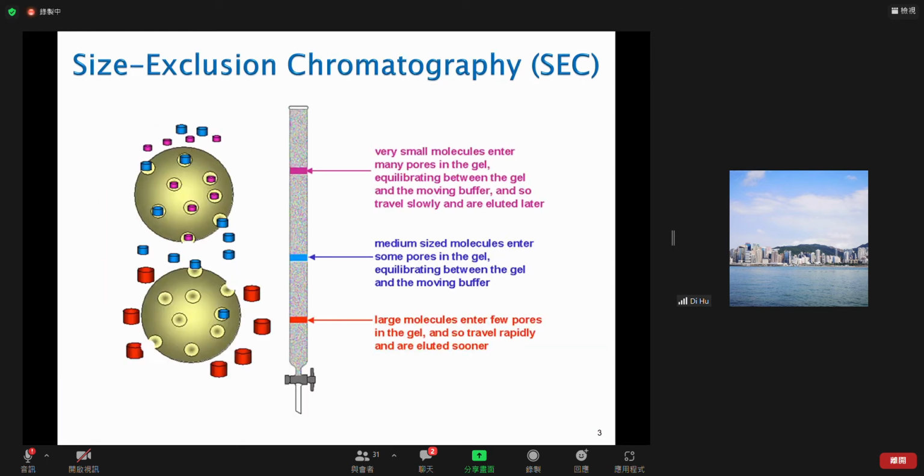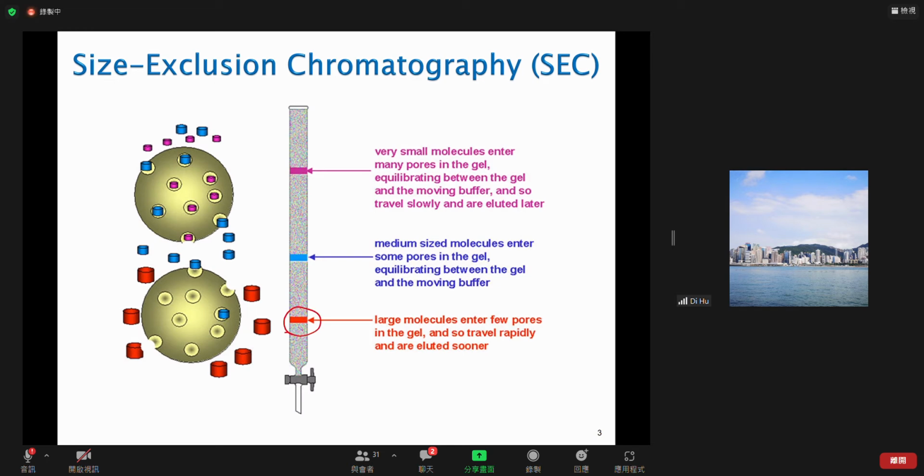Here is a more straightforward illustration of size exclusion chromatography. We give the large molecules, medium-sized molecules, and small molecules different colors. You can see the large molecule now has the color red. It enters few pores in the gel, or even if it's too large, it's totally excluded, so it comes out first.